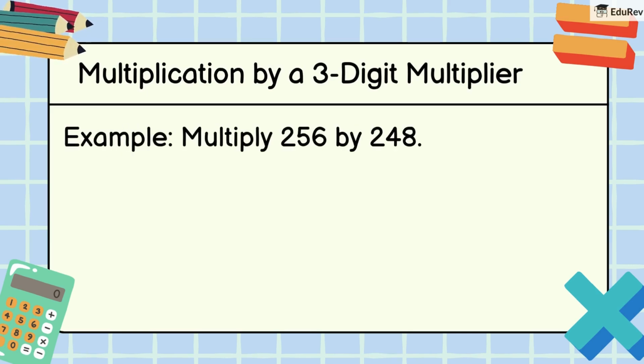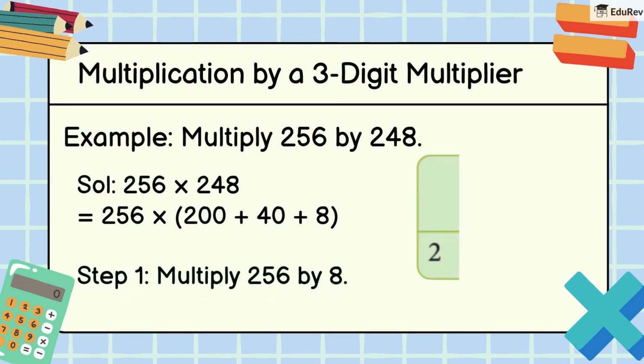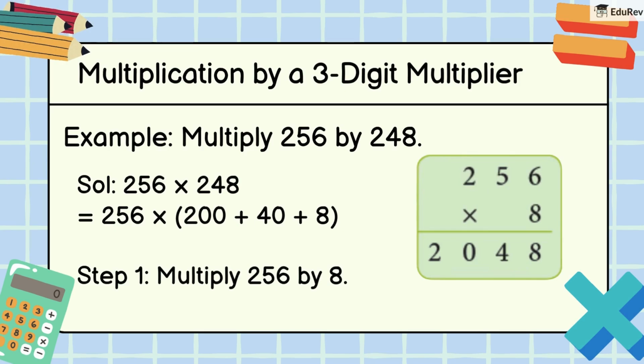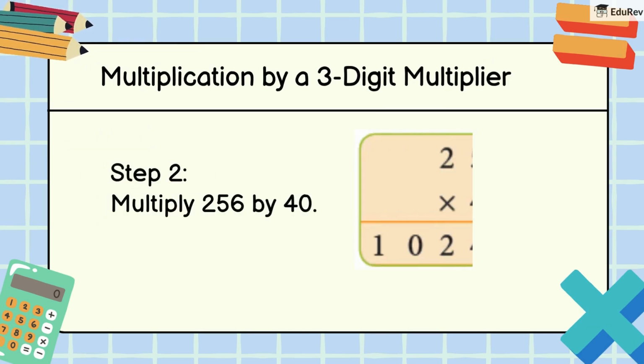Multiplication by a three-digit multiplier. Example, multiply 256 by 248. So, we have 256 times 248 is equal to 256 times 200 plus 40 plus 8. Step 1. Multiply 256 by 8. Step 2. Multiply 256 by 40.